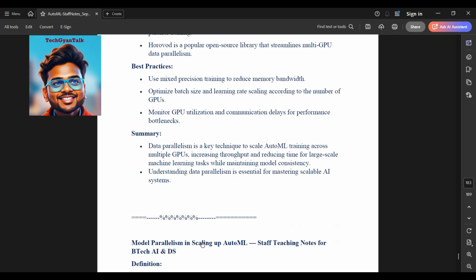Data parallelism is a key technique to scale AutoML training across multiple GPUs, increasing throughput and reducing time for large-scale machine learning tasks while maintaining model consistency. Understanding data parallelism is essential for mastering scalable AutoML systems.